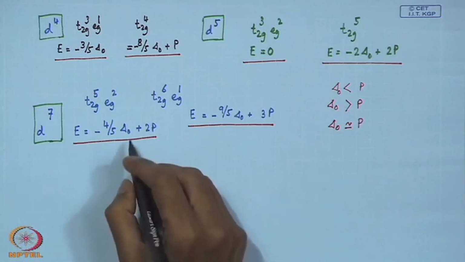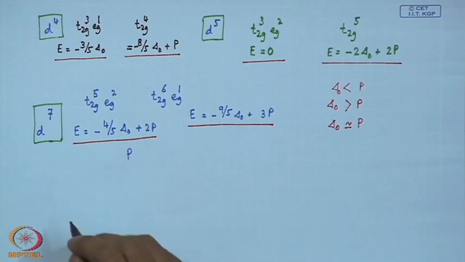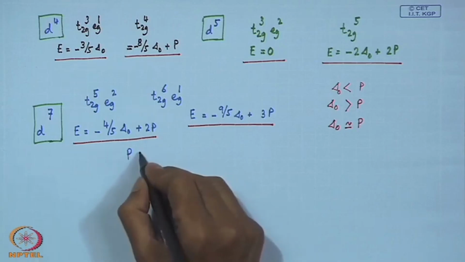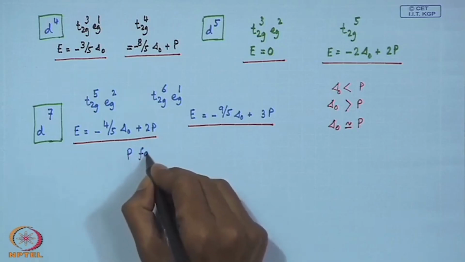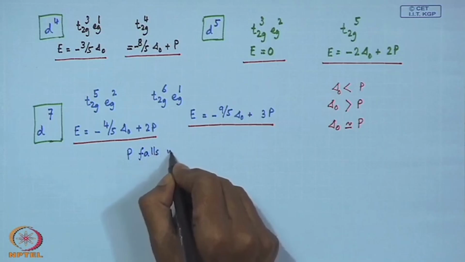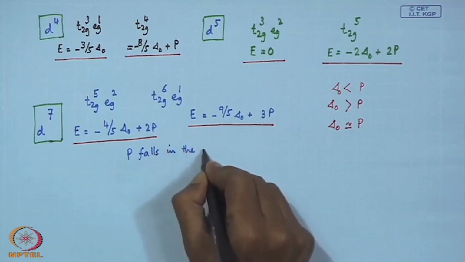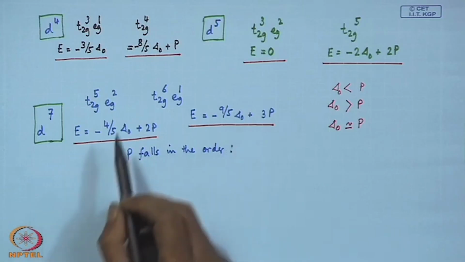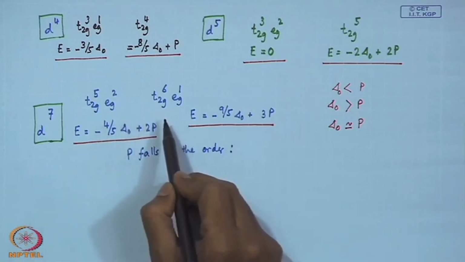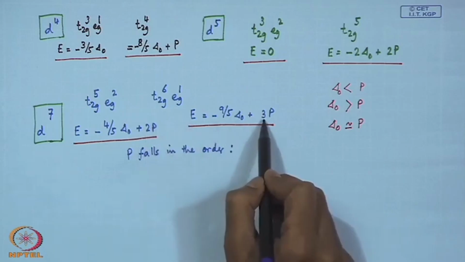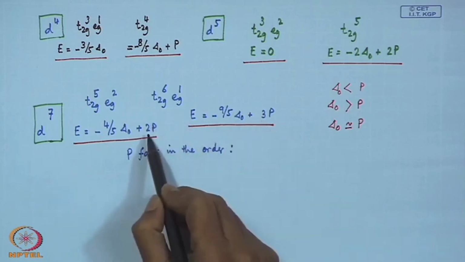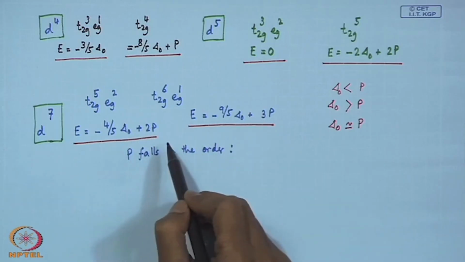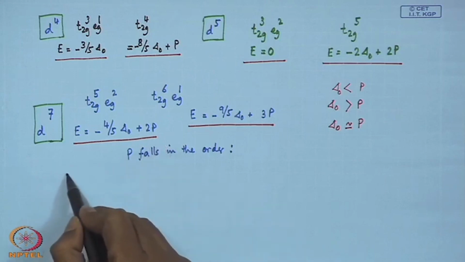But what about the nature of this P for the different compounds? P is nothing but the pairing energy, when we have a large number of electrons, like this 3 such pairing and 2 such pairing, and one orbital is shared by 2 electrons.